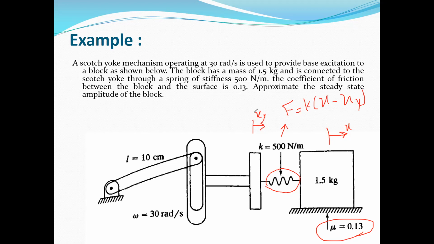Okay, and x_y is related to the motion of this arm, because when this arm is rotating, for example in the clockwise direction with angular velocity of 30 radians per second, and we assume this angle is theta, this theta is equal to omega times t. Because the angular velocity is omega, the position theta is equal to omega times t.